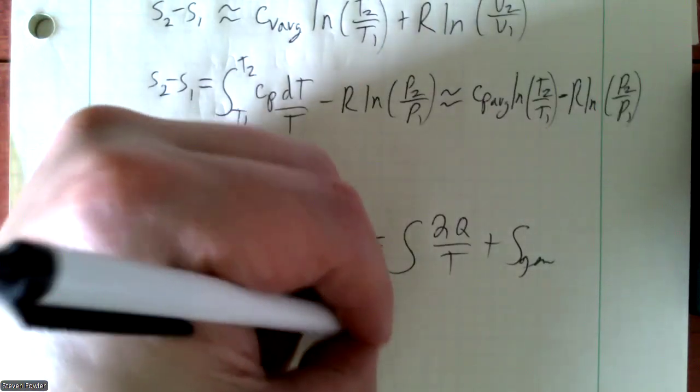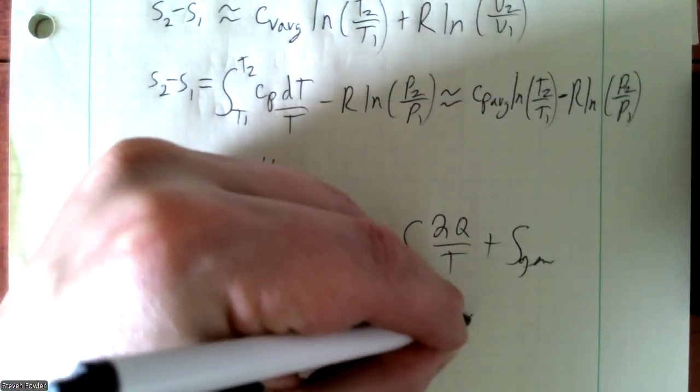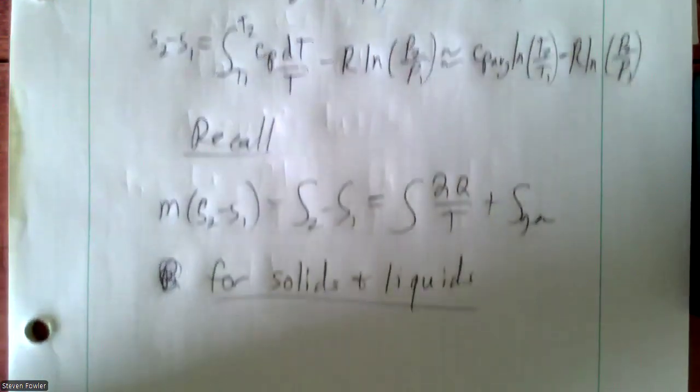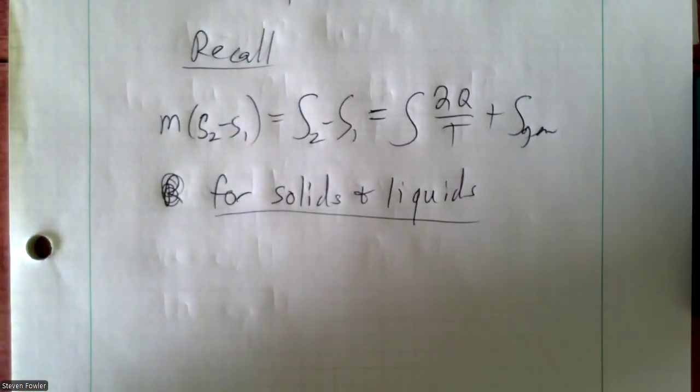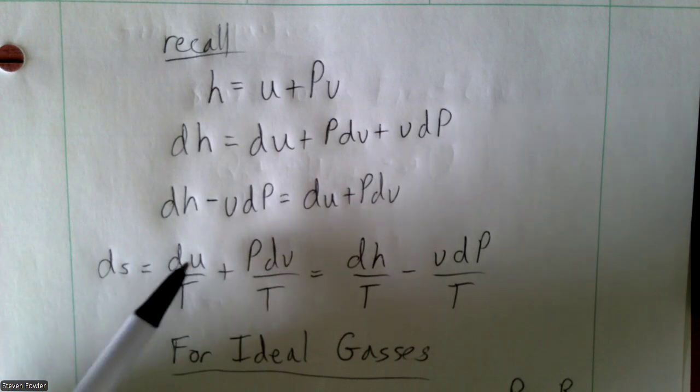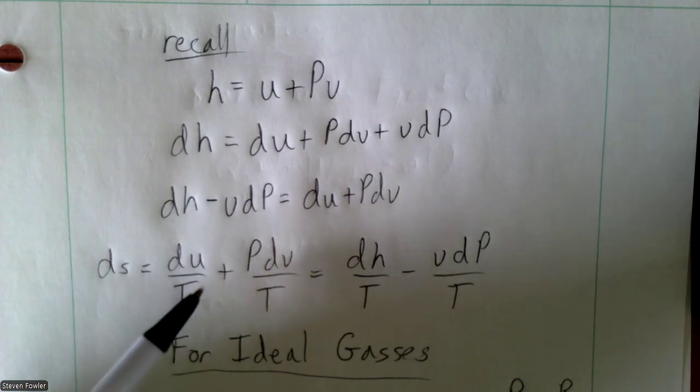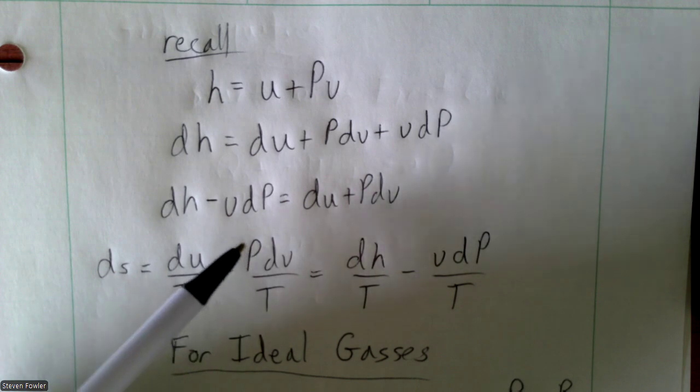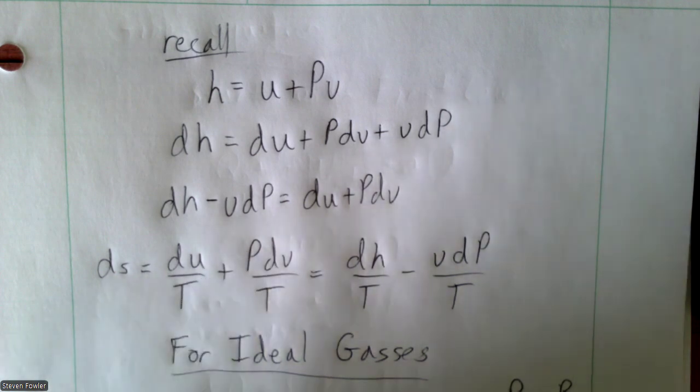Now for solids and liquids. This is another situation where, going back to the original Gibbs equation, I can describe how the internal energy changes with respect to temperature, and how pressure and temperature cause changes in specific volume.